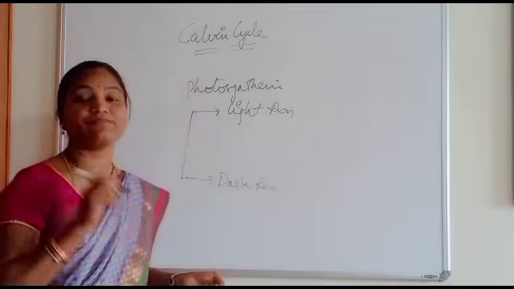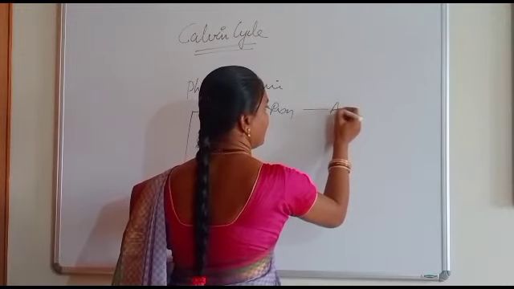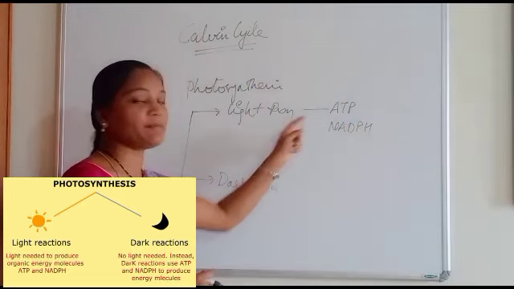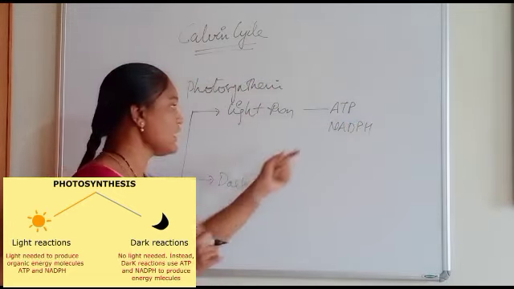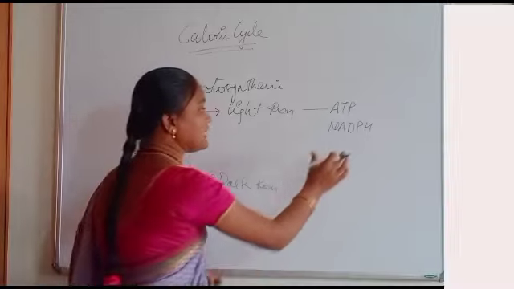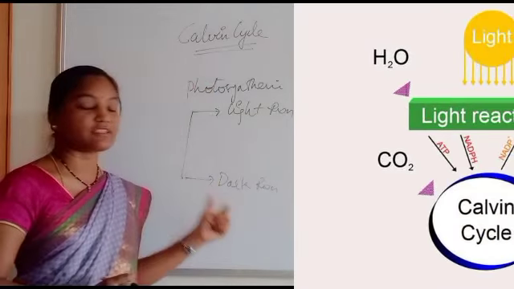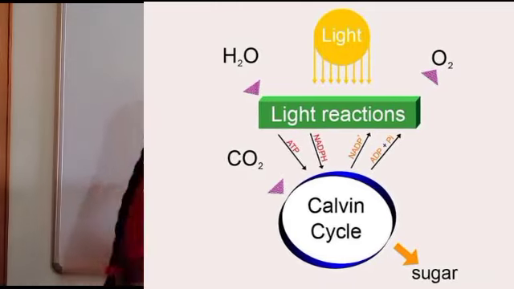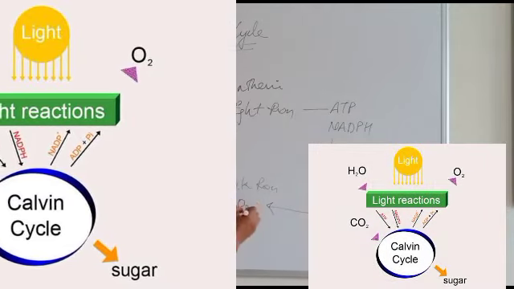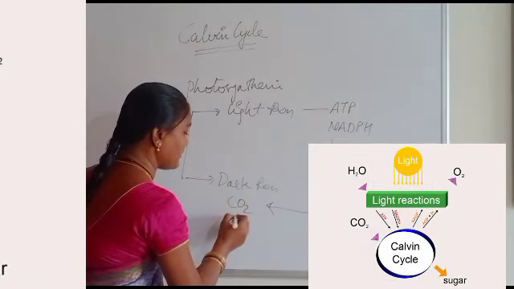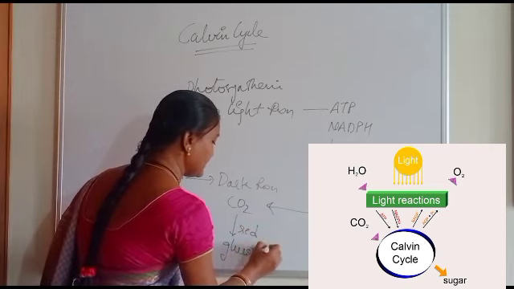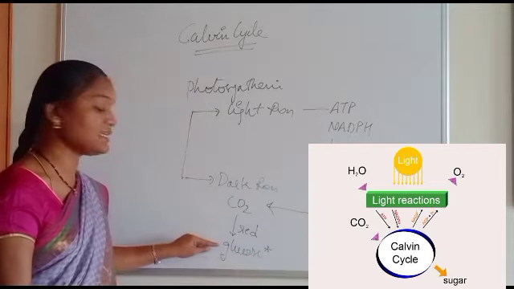In the light reaction, synthesis of ATP and NADPH molecules is observed. ATP is a phosphorylating high energy compound and NADPH is the reducing power. These are the end products of the light reaction, which are utilized for the dark reaction, as carbon dioxide is reduced to form glucose, the food material for plants.